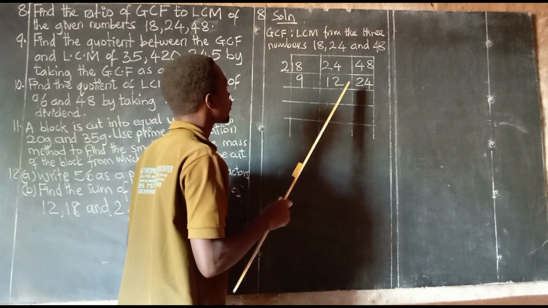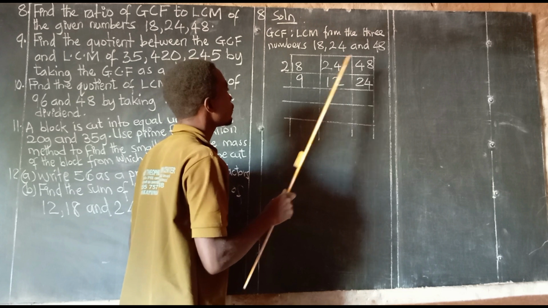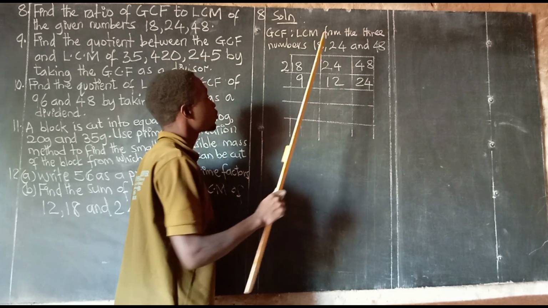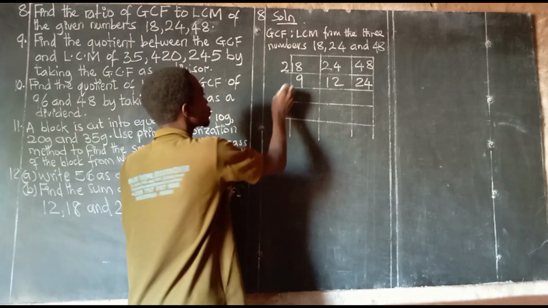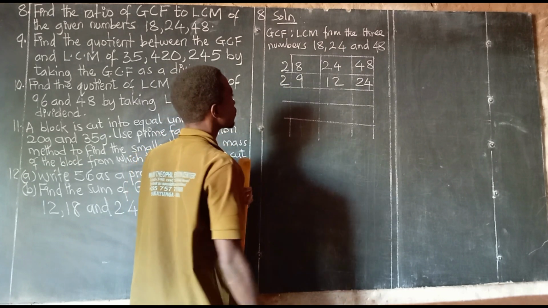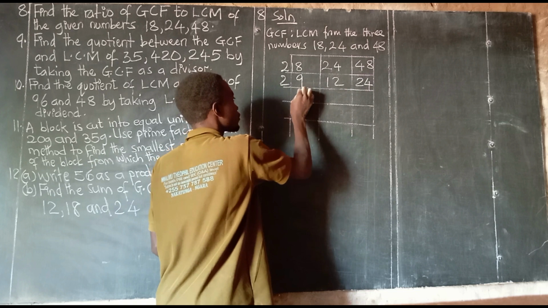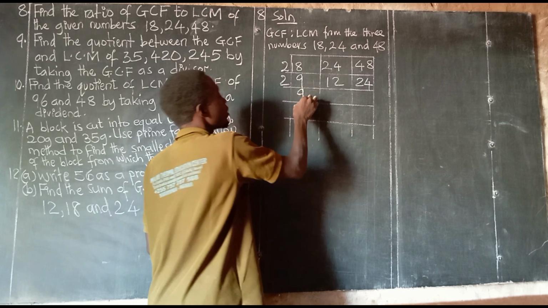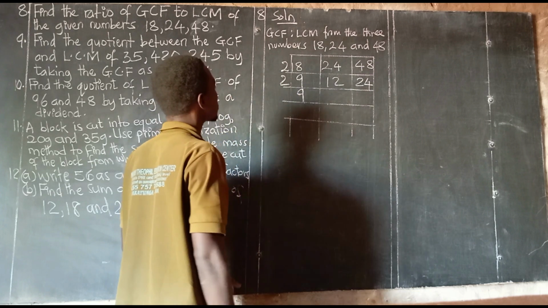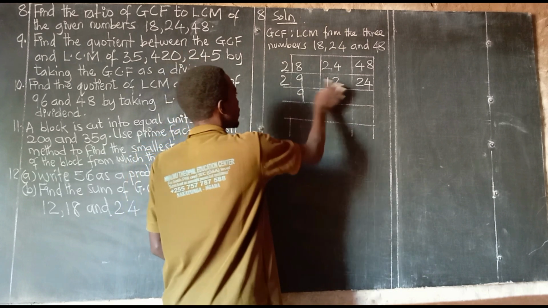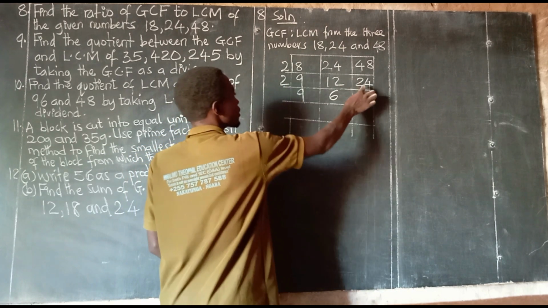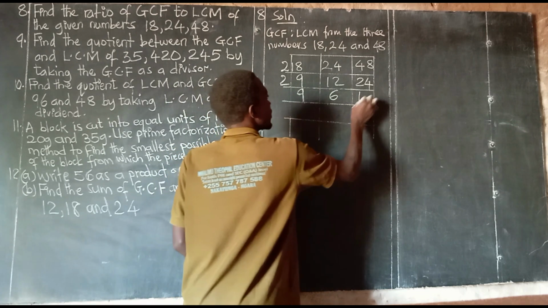So here we have 12 and 24, both divisible by 2. So 2 can still be used. Here 9 over 2, we write 9, as 9 is not divisible completely by 2 without a remainder. So we write it as it is. 12 over 2 we get 6, 24 over 2 we get 12.